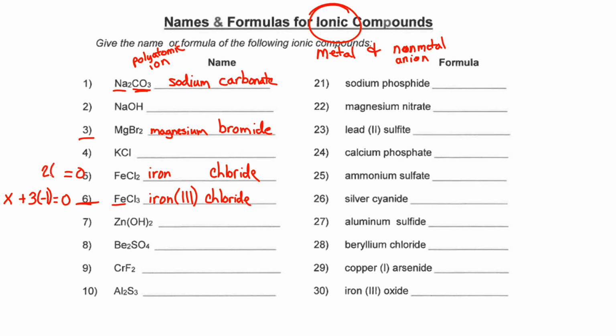I have 2 times -1, and this time my iron is not a +3, it's a +2. So that one's iron 2. All right.